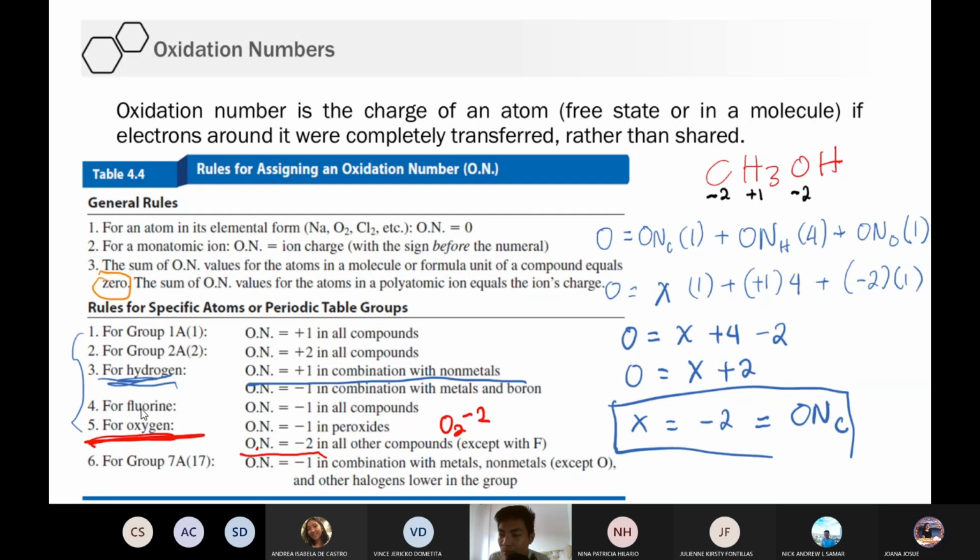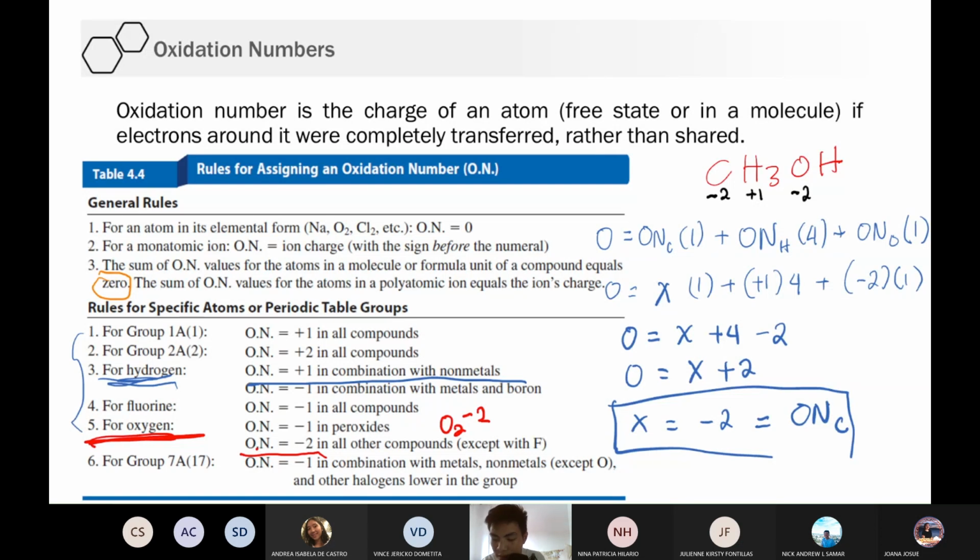Isa-solve mo yung kanilang oxidation numbers. So, by just doing simple algebra, you can get their oxidation numbers. Kaya nasabi natin that the oxidation number of carbon is negative 2. For hydrogen, that's positive 1 kasi nasa table. Negative 2 for oxygen kasi nasa table din. Okay? So, that is how we determine the oxidation numbers.